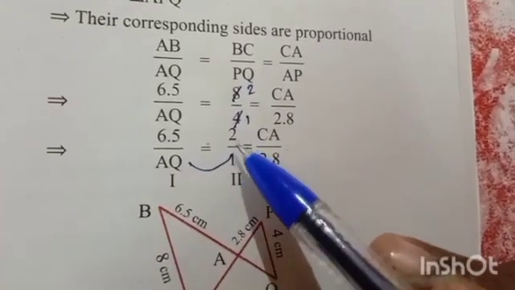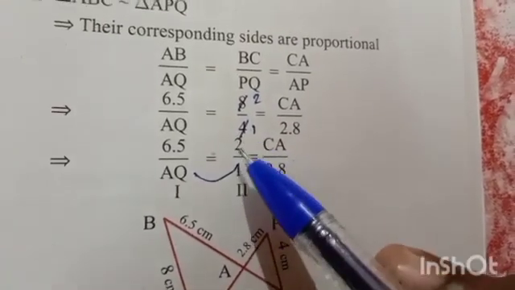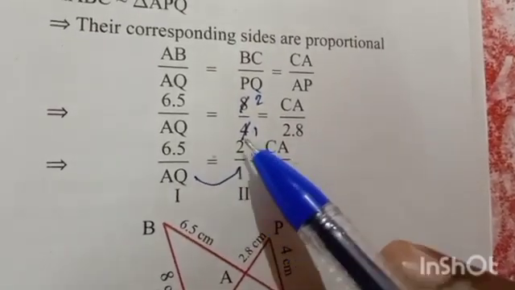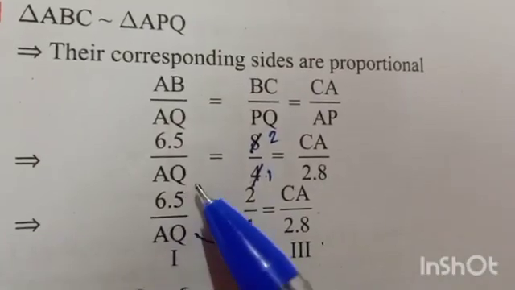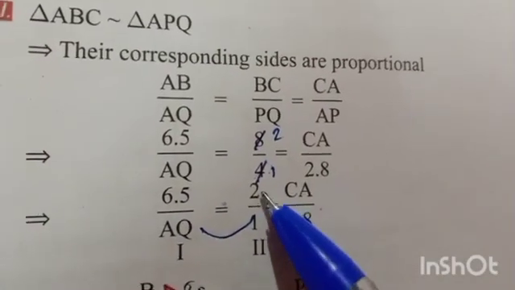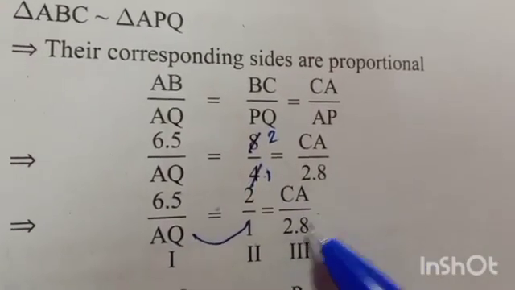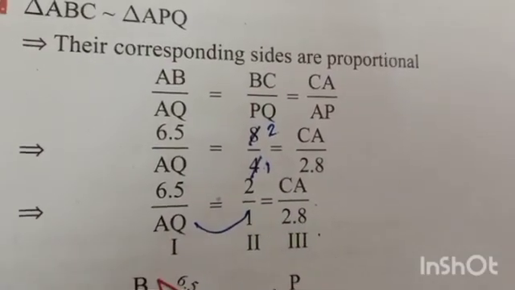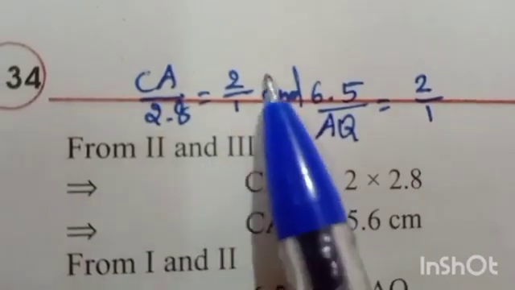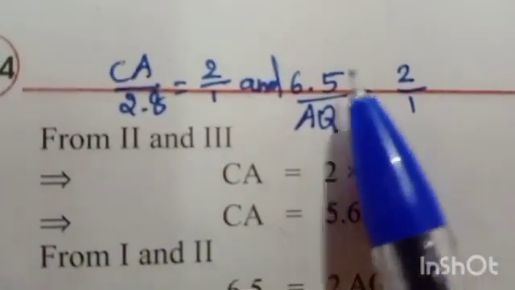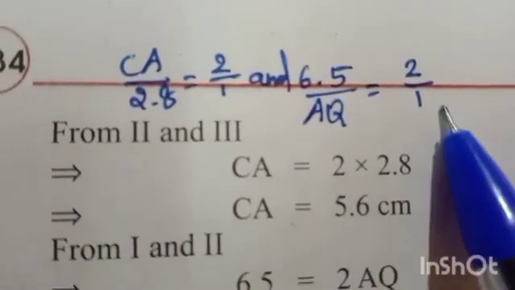These two ratios are known values, so these compare with the unknown ratios. This 2 by 1 compares with 6.5 by AQ, and the same 2 by 1 compares with CA by 2.8. Students, CA by 2.8 is equal to 2 by 1, and 6.5 by AQ is equal to 2 by 1.